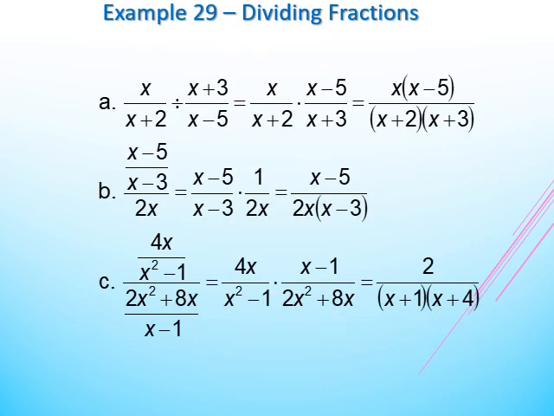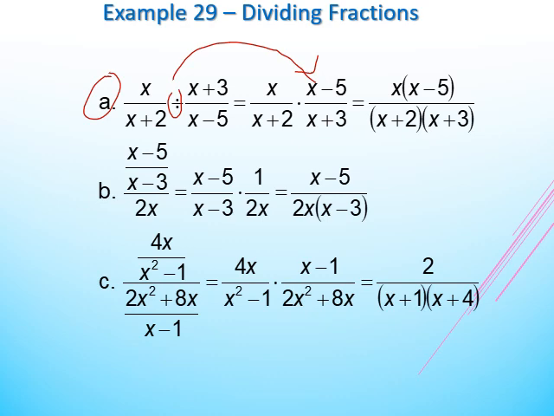Another example, dividing fractions. A, if you have the following value, x over x plus 2 divided by x plus 3 over x minus 5. First step, we convert it into a multiplying form.